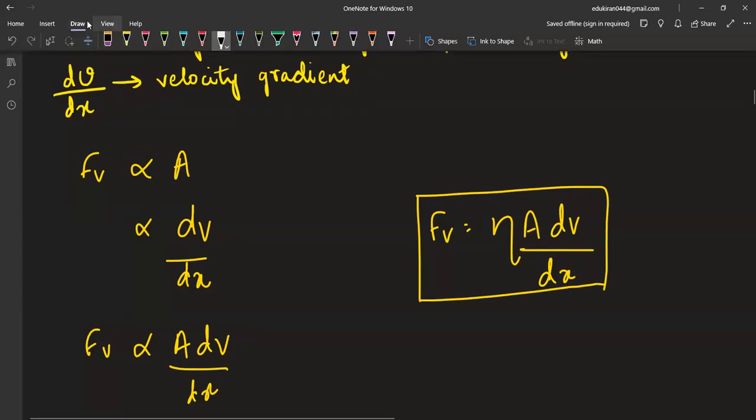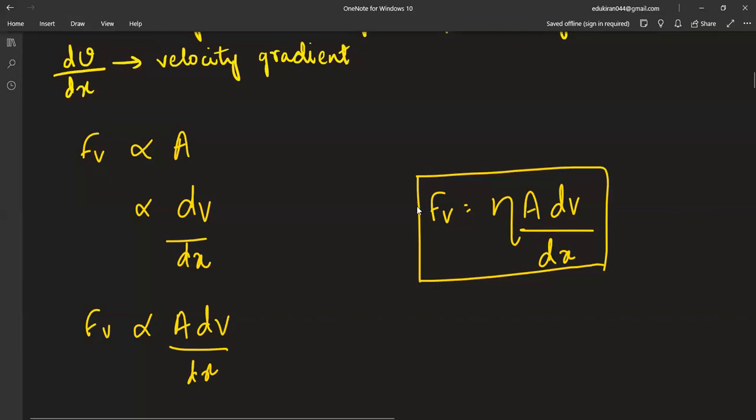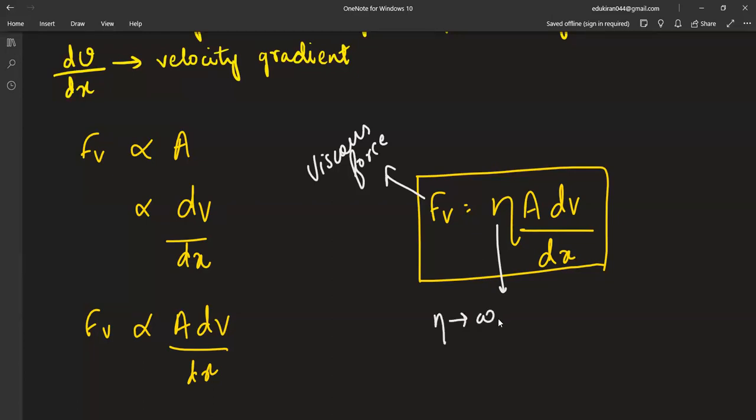What are the terms in this? See, this is the viscous force. This property of fluids is known as viscosity, and the force that acts is known as viscous force. This is eta, which is the coefficient of viscosity. This determines how much viscous force will be there.